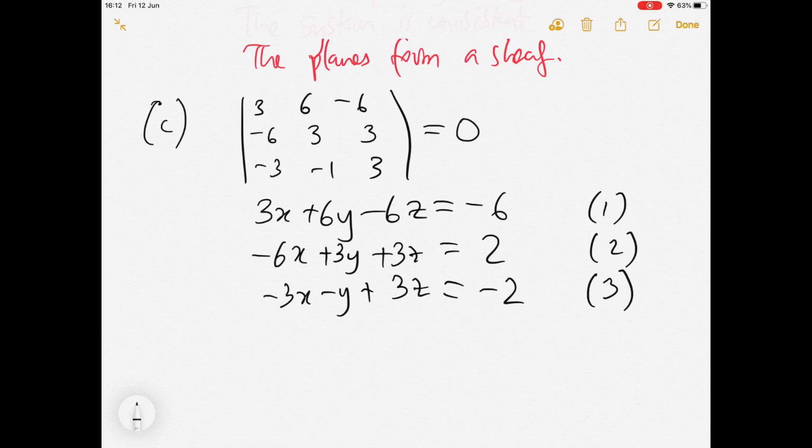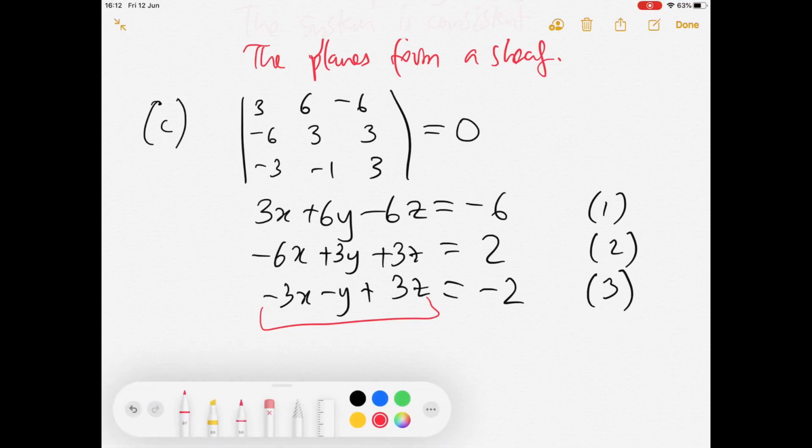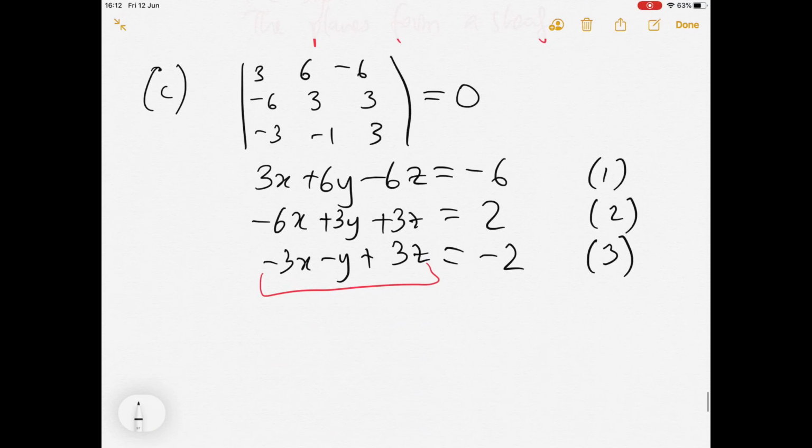Well, now, are any of them parallel? No, they're not, because the thing on the left, remember, has to be a multiple of one of the other things on the left for the planes to be parallel, or the same plane. So that doesn't happen anywhere here. So that narrows it down again to either a sheaf or a prism. So let's do the same thing we did before.